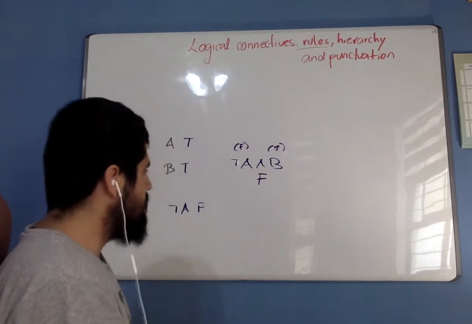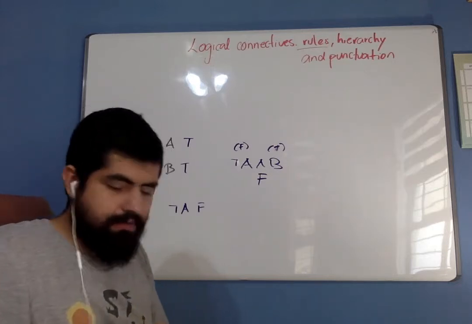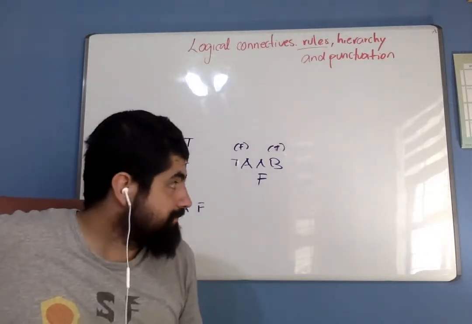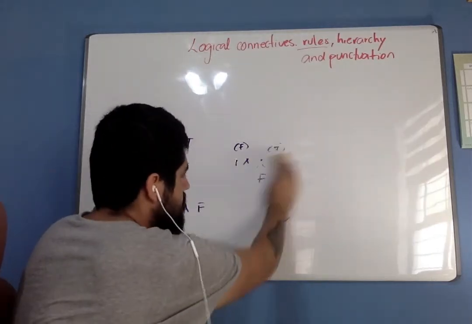That happens, for example, if we add a negation to a letter. But imagine that we erase that, and we don't want a conjunction.